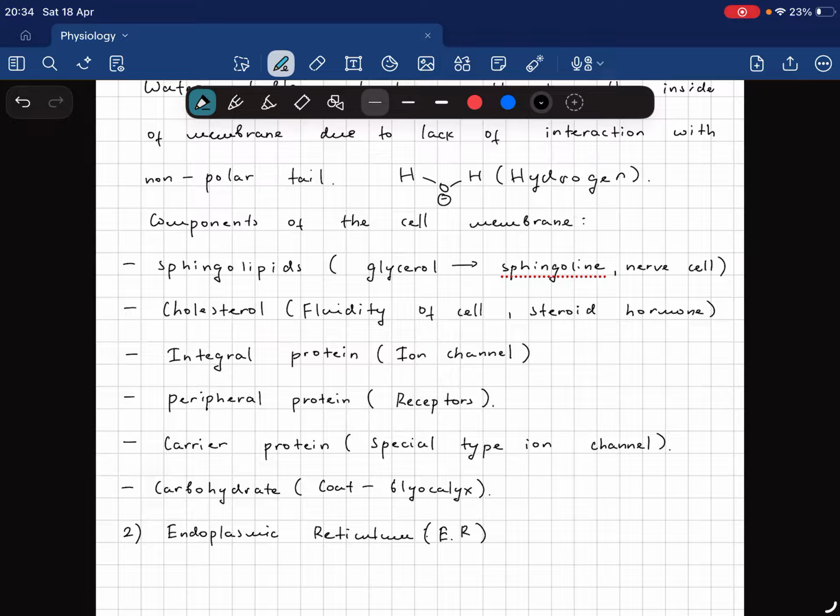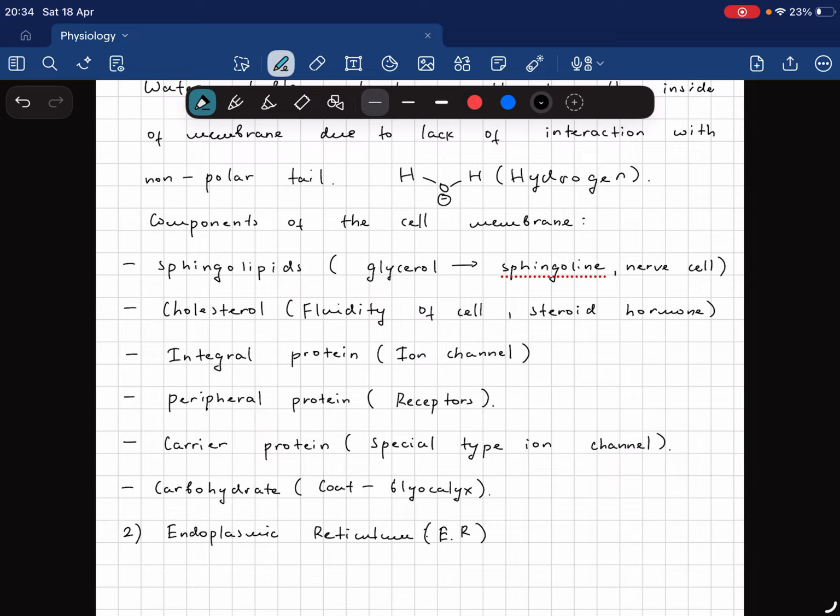And sphingolipids are found in the cell membrane of nerve cells. You can find them substantially in nerve cells, especially the myelin sheath. And the next is cholesterol. What's the function of cholesterol? Cholesterol's function is fluidity of the cell membrane, and it is the basic component of the steroid hormones, I mean the starting material.